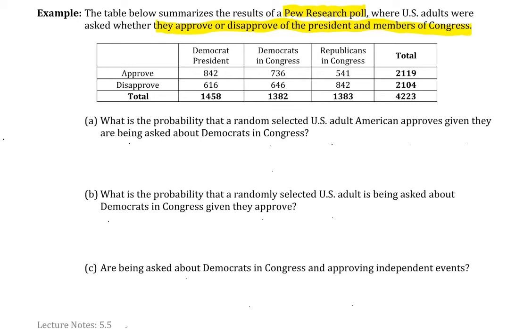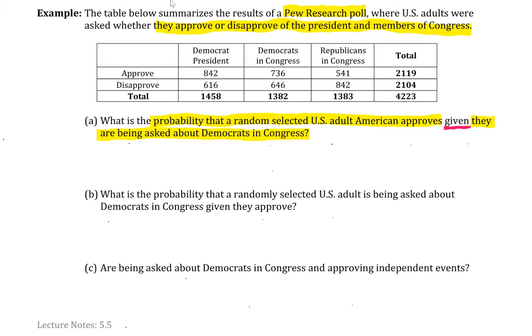In Part A, we are asked to find the probability that a randomly selected U.S. adult American approves, given they are being asked about Democrats in Congress.